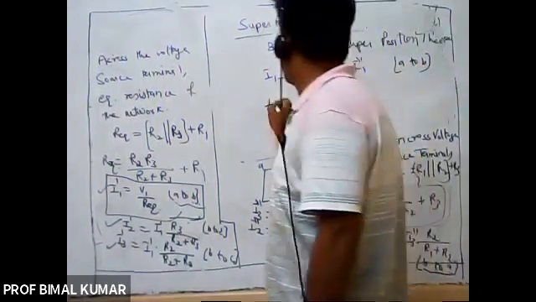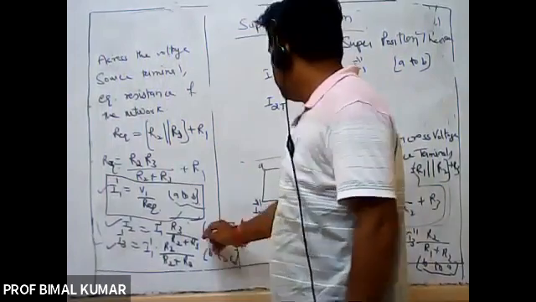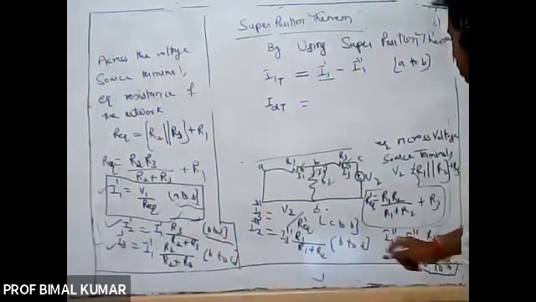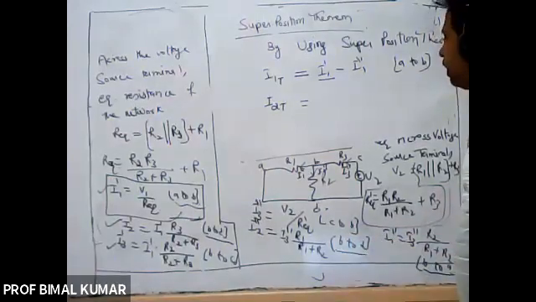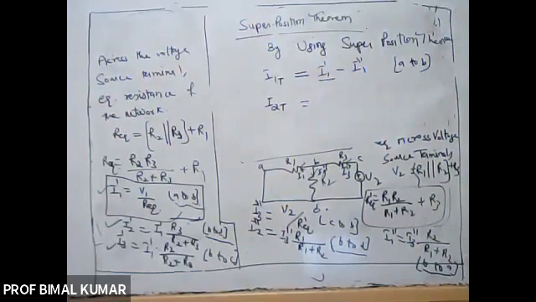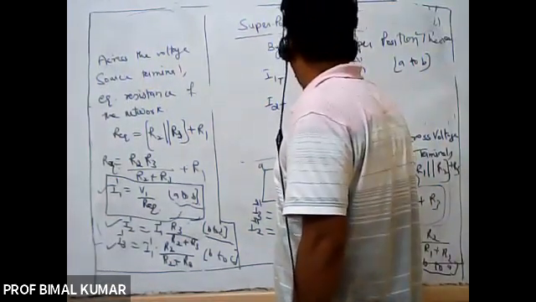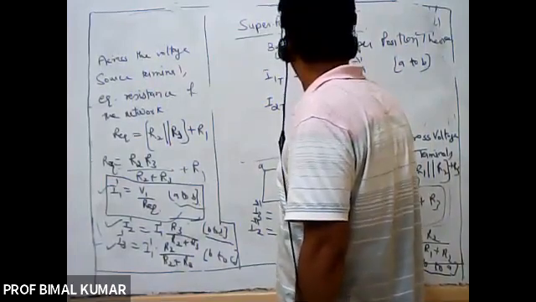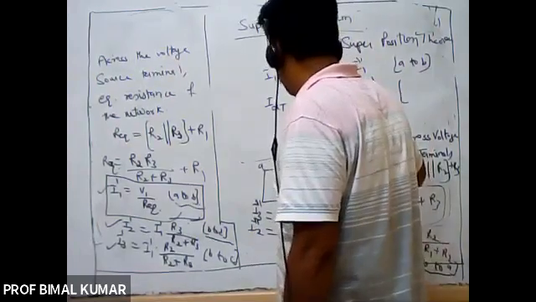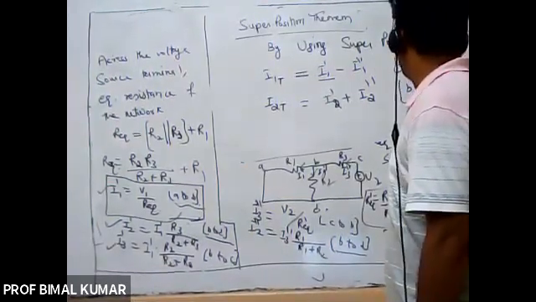Then I2 total here: this is in the direction B to D and this is also in the direction B to D. So both are in the same direction. So this will be I2 dash plus I2 double dash and the direction will be the same, so that means this will be from B to D.